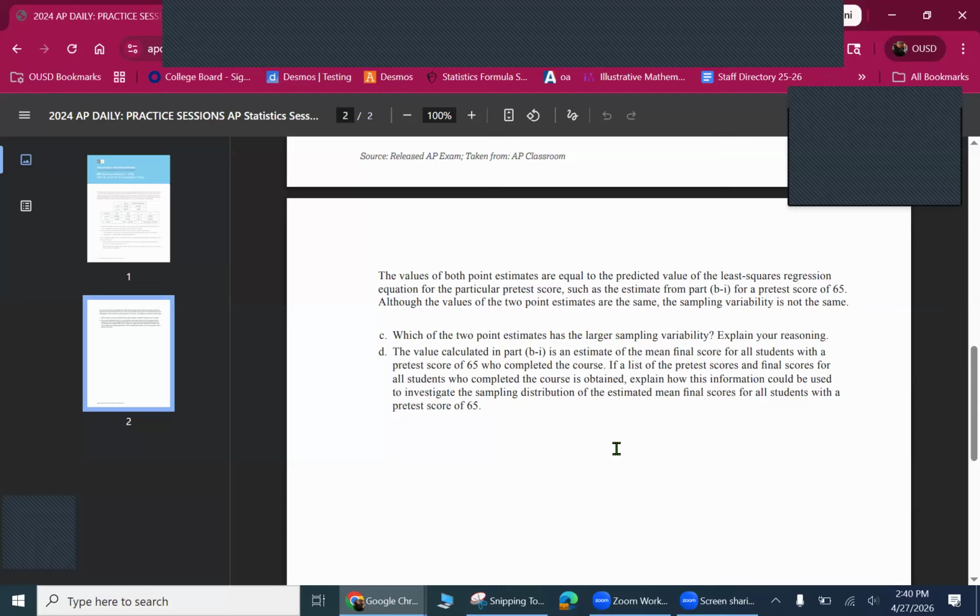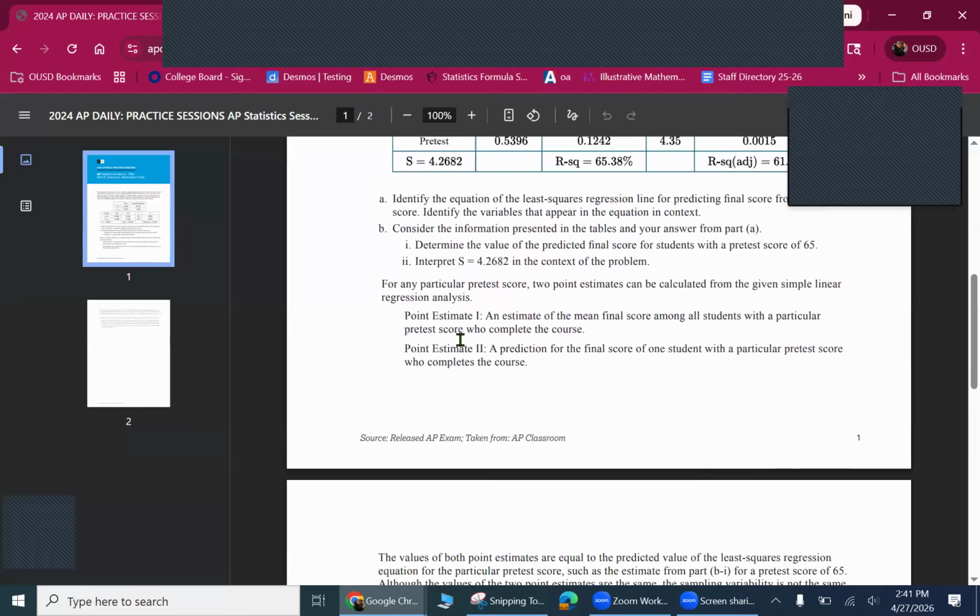Whereas if I just put in a single student, it's going to predict that same score, but their post score could be wildly different for that particular kid. Whereas if I'm averaging a bunch of kids, they are probably going to be much closer to the average predicted score. So that's kind of the reasoning.